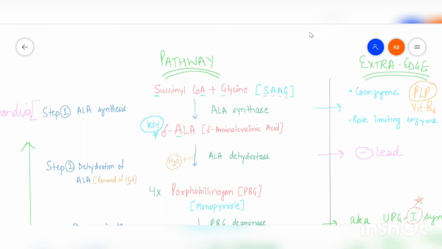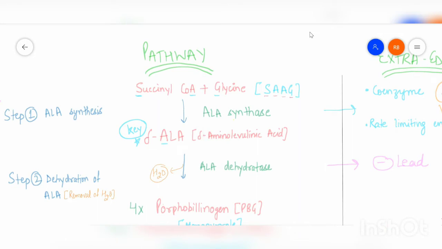To remember the first step, you just remember the mnemonic SAG, a very easy mnemonic you use in your daily practice for calculating the ascitic fluid gradient. Okay, serum albumin and ascitic fluid gradient. So SA here stands for succinyl-CoA, A is for ALA, and G is for glycine.